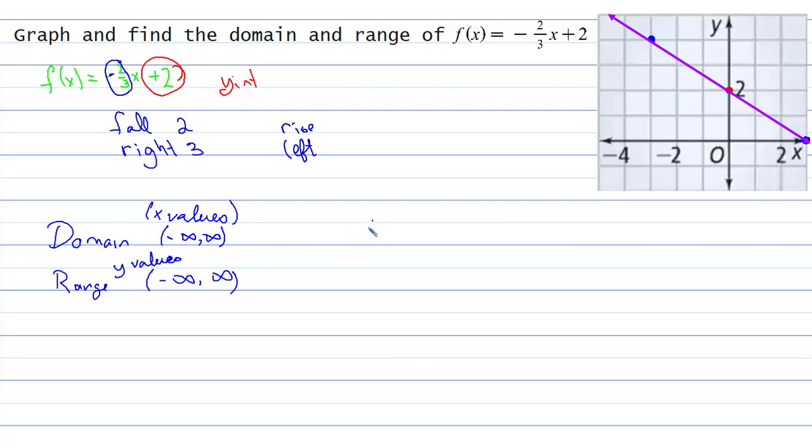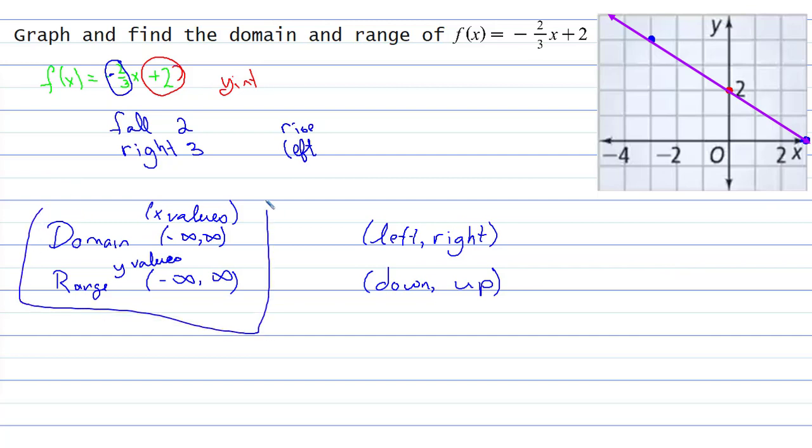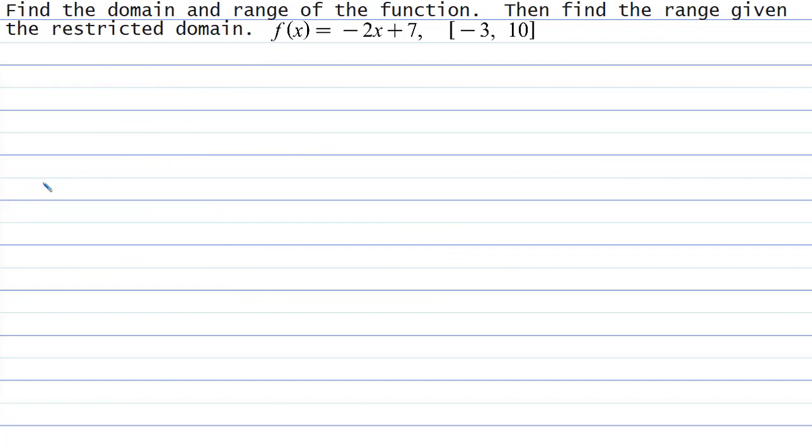So remember on domain, it's how far left you are, comma, how far right. And range is how far down, comma, how far up. So our domain and range, and then our graph. Let's go on to the next one.